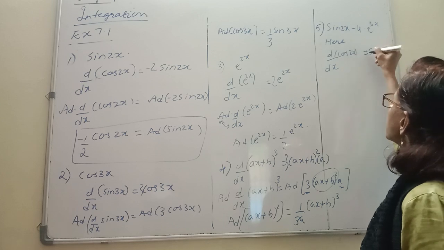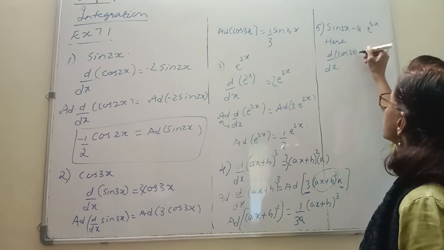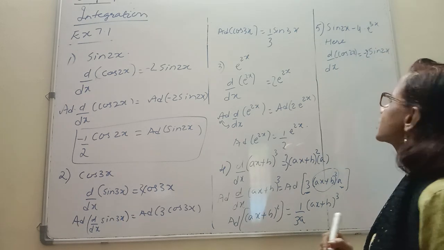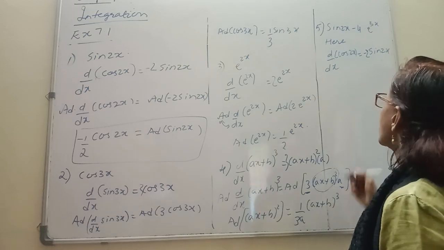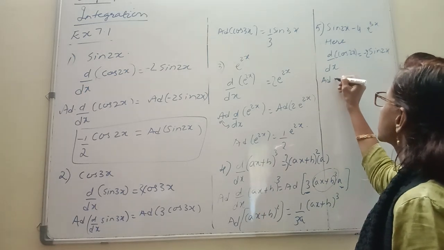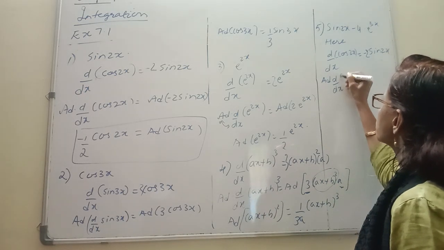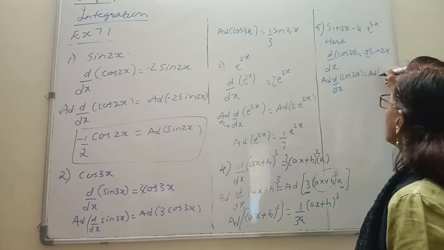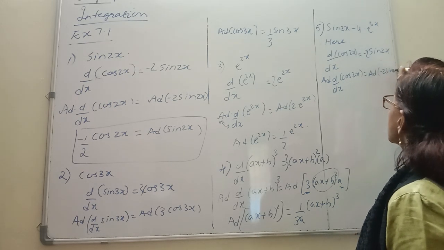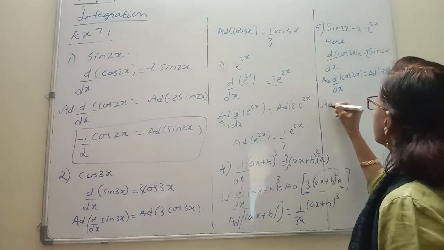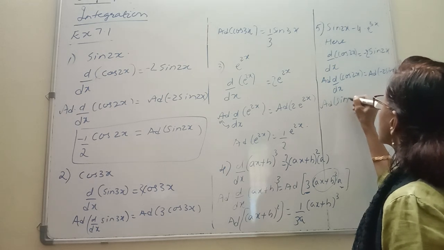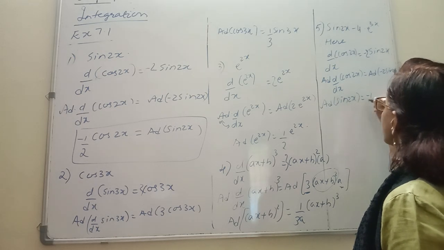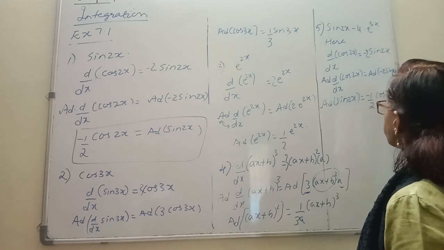Cos 2x will give you the derivative minus 2 sine 2x. Since you want the antiderivative of sine 2x, applying the antiderivative on both sides, you will get the antiderivative of minus 2 sine 2x. So the antiderivative of sine 2x is going to be minus 1 over 2 cos 2x.